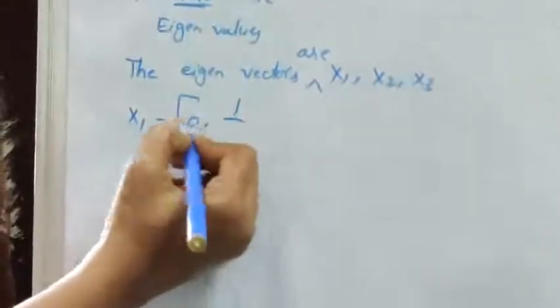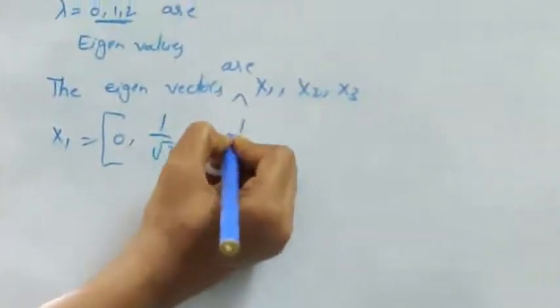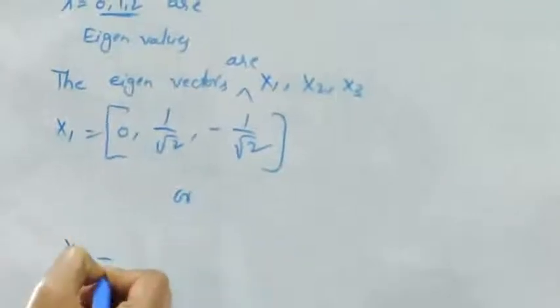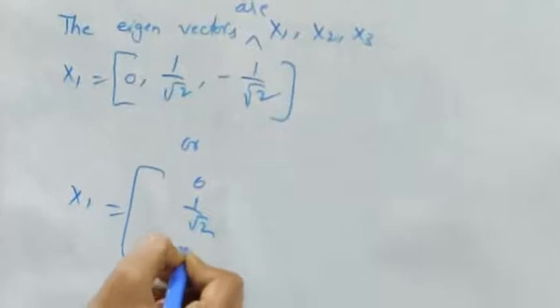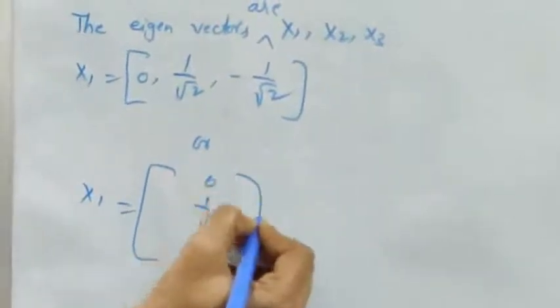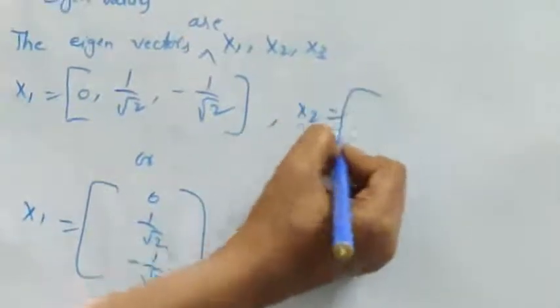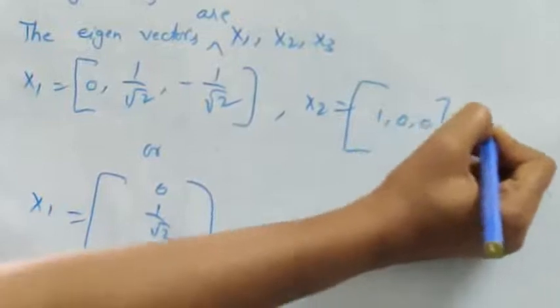So for lambda is equal to 0, we got 0, 1 by root 2, minus 1 by root 2, or you can express in this way also, 0, 1 by root 2, minus 1 by root 2. Next, x2 values 1, 0, 0 you got, and x3.